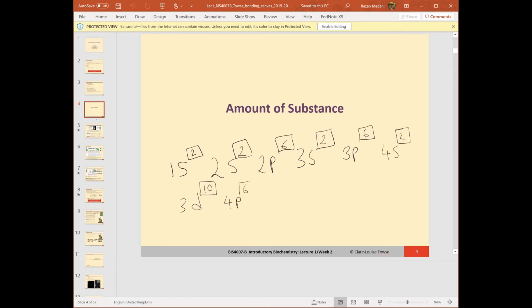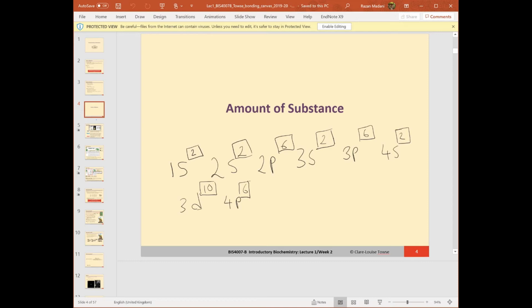So, in other words, s orbitals will only have the capacity for 2 electrons. And p orbitals, or subshells, will only have the capacity for 6 electrons.